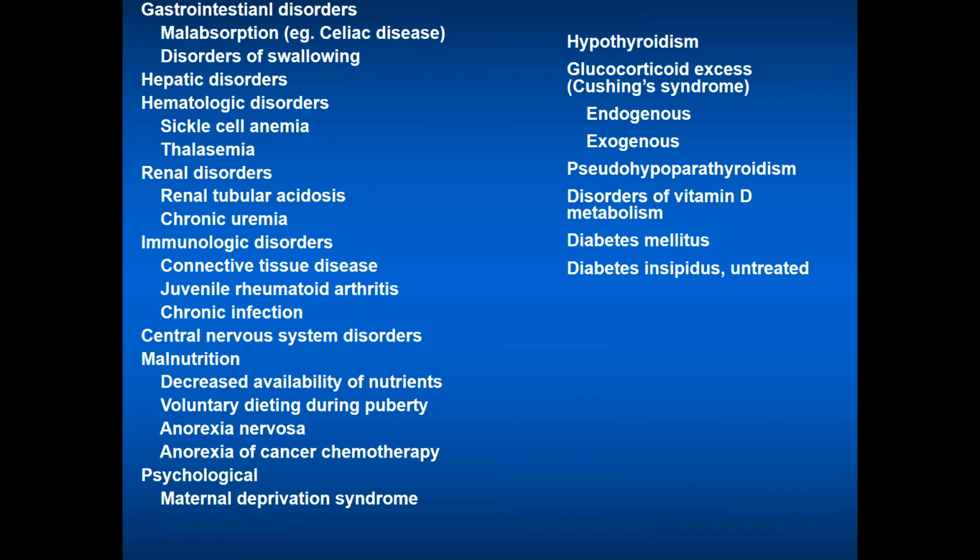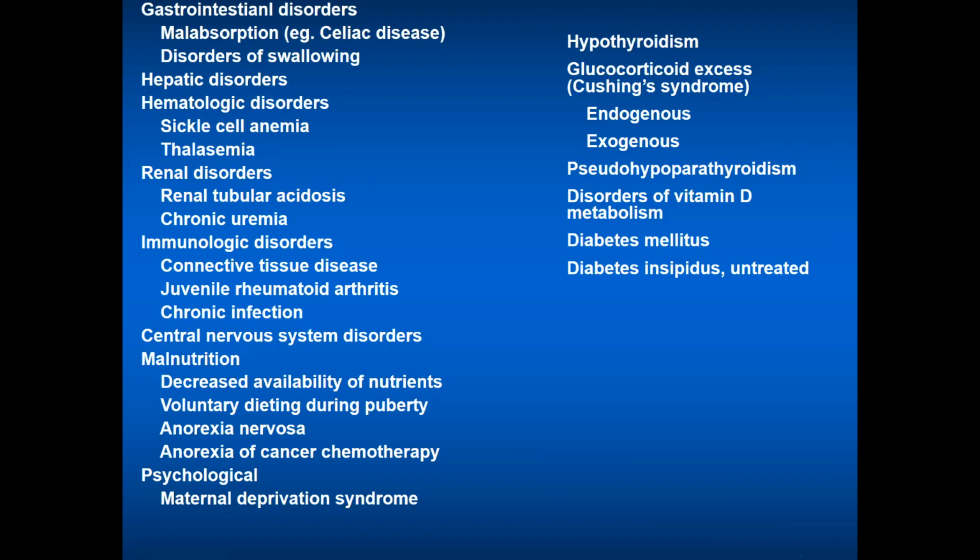And by completing the list, on the left, you'll find the other non-endocrine causes, as we've said, the gastrointestinal, the hepatic, the hematologic, renal, immunologic, central nervous system, malnutrition, and psychological. And on the right, the other endocrine causes other than the growth hormone deficiency.